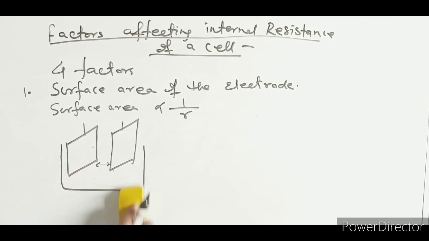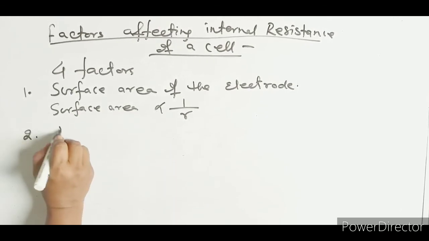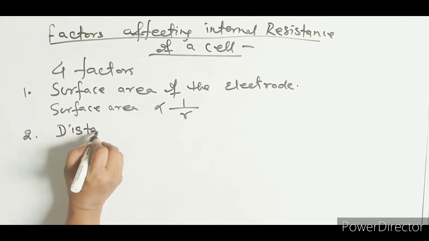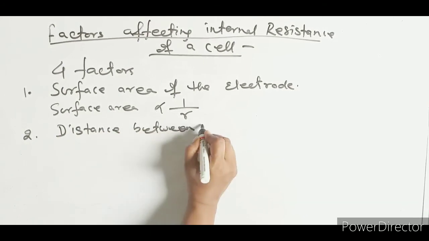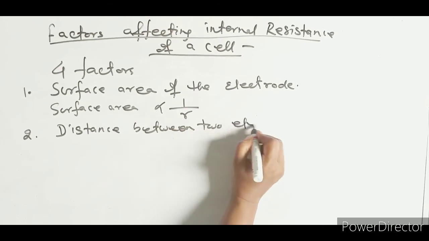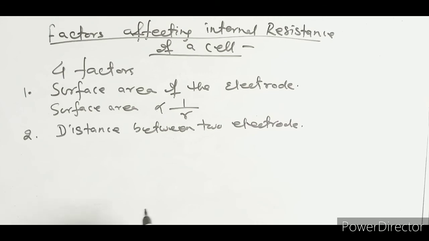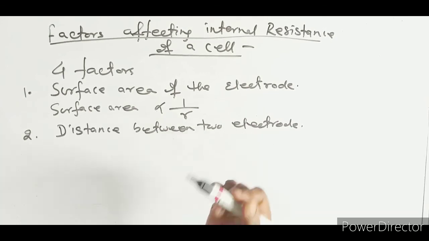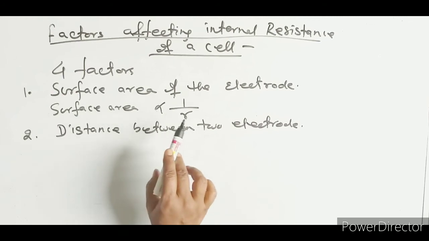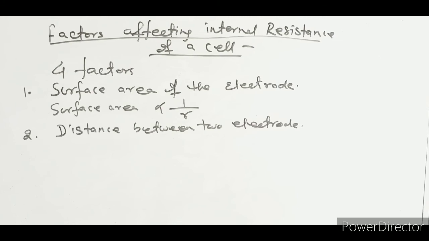Clear? Second one, we'll go for second one. Here, distance between two electrodes. In case of EMF we are discussing the material of the electrode used. EMF depends on that, but here internal resistance depends upon the distance between two electrodes. So how far the electrodes are?